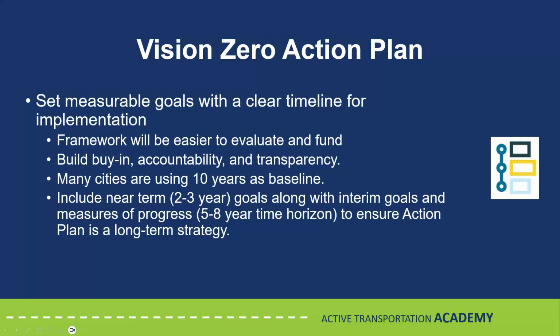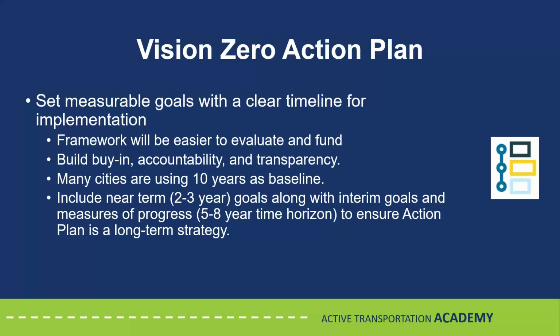And then setting measurable goals with clear timelines for implementation. Clear, measurable, short, and midterm goals combined with timelines and identified responsible agencies will create a framework that's easier to evaluate and fund, and will build buy-in, accountability, and transparency throughout the implementation process.